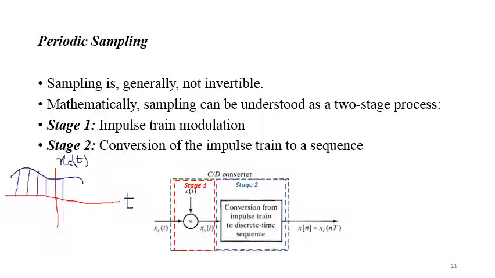This is how we do the sampling. We are just getting this information, and in between, this information is lost, because at the output we'll have something like this. So that means sampling is not an invertible process.